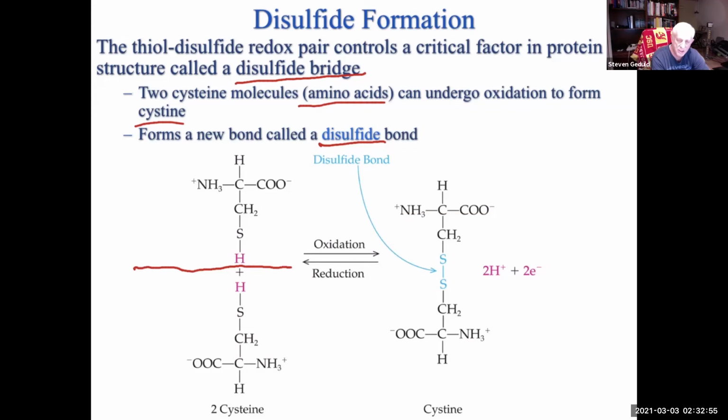Remember, oxidation is the gain of oxygen or the loss of hydrogen. Here we're going to lose a hydrogen from each end. That's oxidation. Those 2 hydrogens are removed, and these sulfurs are going to link. And here's your disulfide bond, 2 sulfurs linked together. So you took 2 cysteine molecules, and through oxidation, with the formation of a disulfide bond, we created cystine.